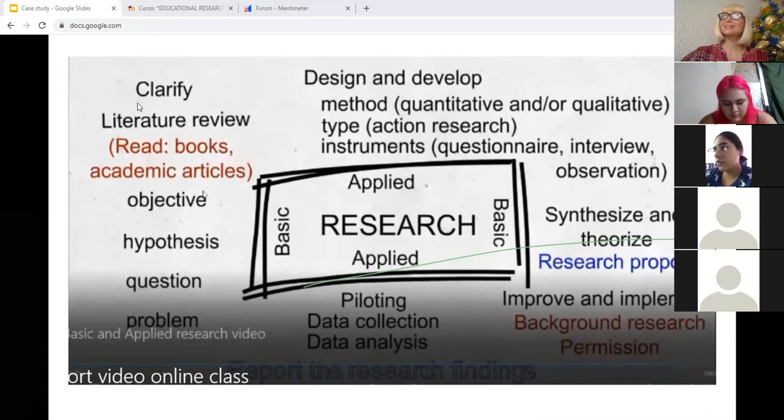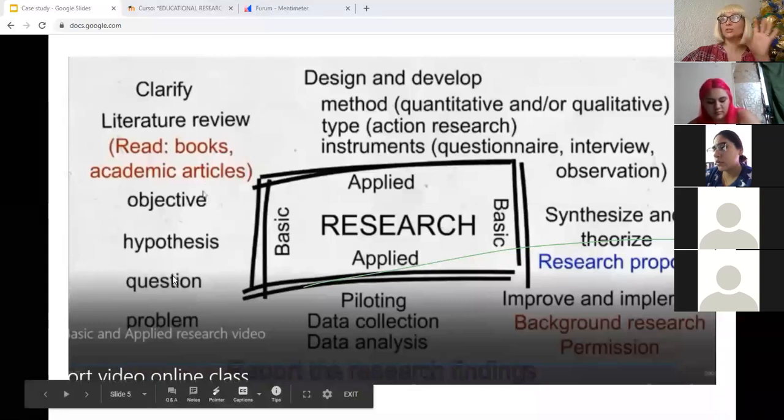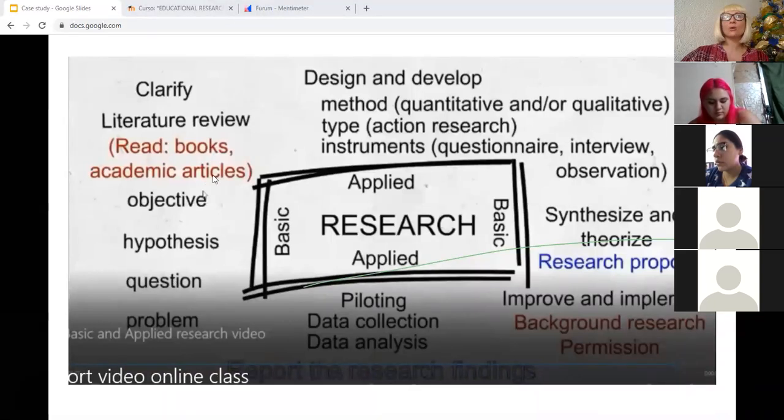So after this, you might also clarify. So here's the stage after the literature review where you clarify your objectives, questions, problems, and so on. So you still improve it, but by now it should be really clear and you should understand what you're going to do.